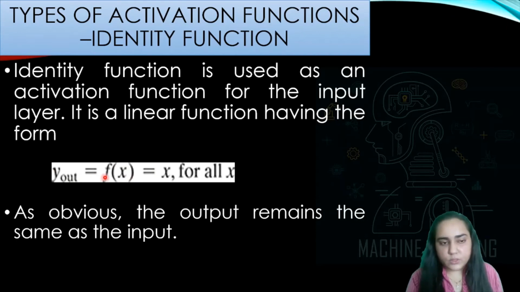Here y out is equal to f(x), which is equal to x for all x, which means basically the output remains the same as the input. Whatever is the input is the same as the output.